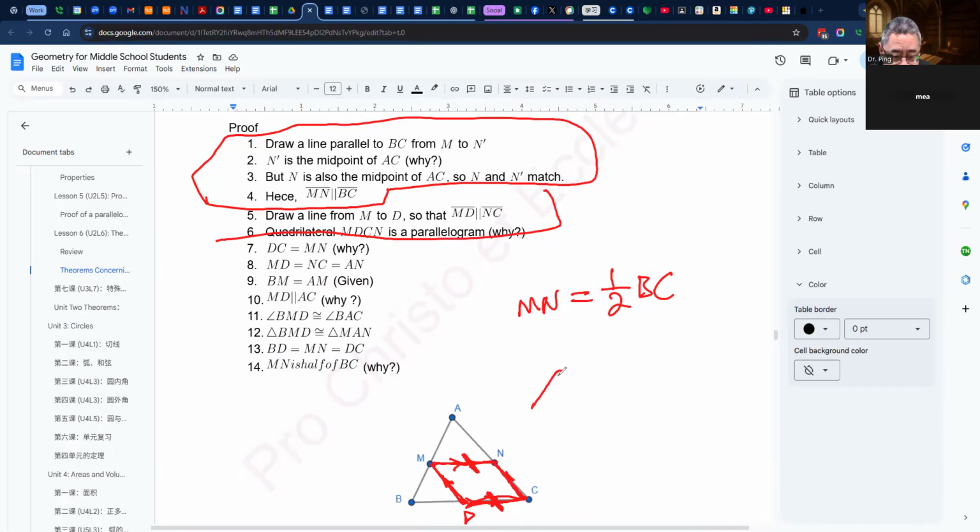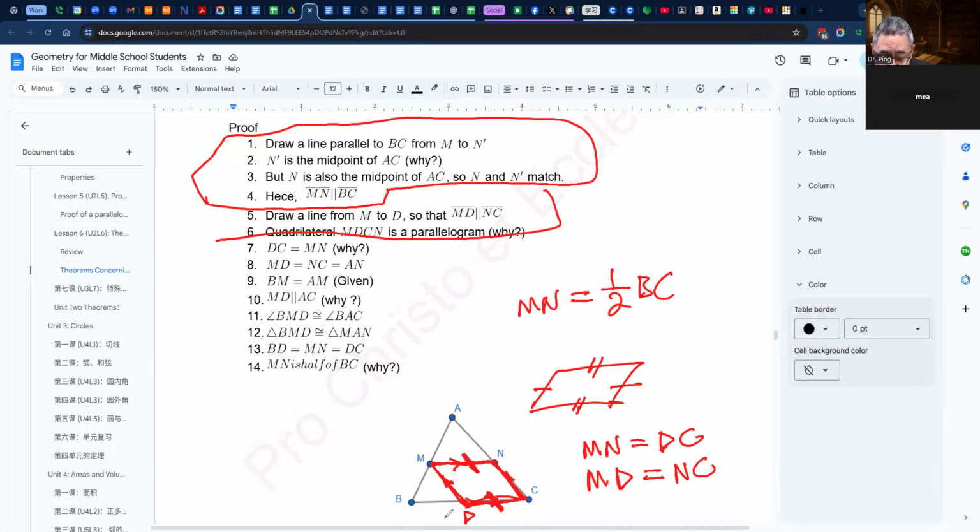As long as it's a parallelogram, this side is congruent to this side, and this side is congruent to that side. We already know that this is a parallelogram, so therefore MN is congruent to DC. So MN is equal to DC. Also, MD is equal to NC. That's the property of a parallelogram.